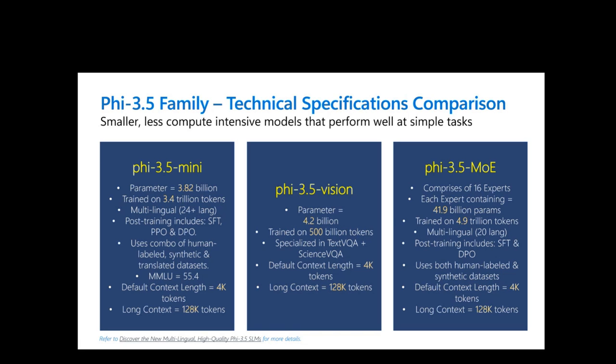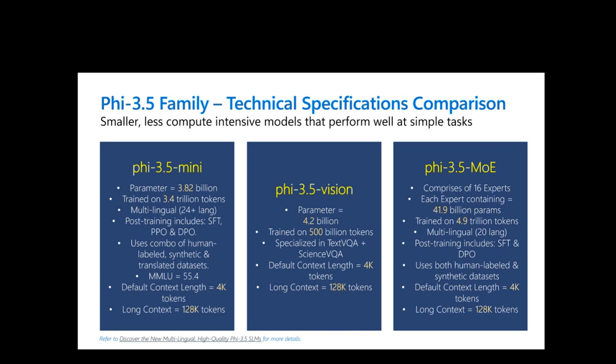So these are the 16 expert layers, and the total model size is 42 billion parameters, but you have to remember it activates 6.6 billion parameters when using 2 experts, trained on 4.9 trillion tokens. Very important, it supports 20-plus languages.